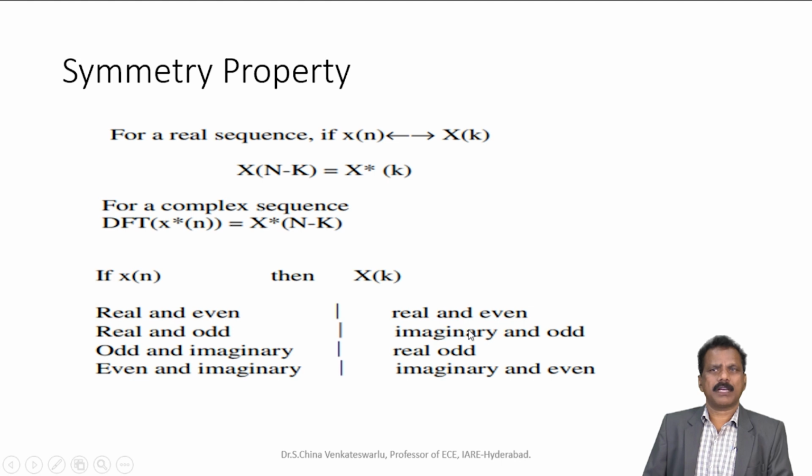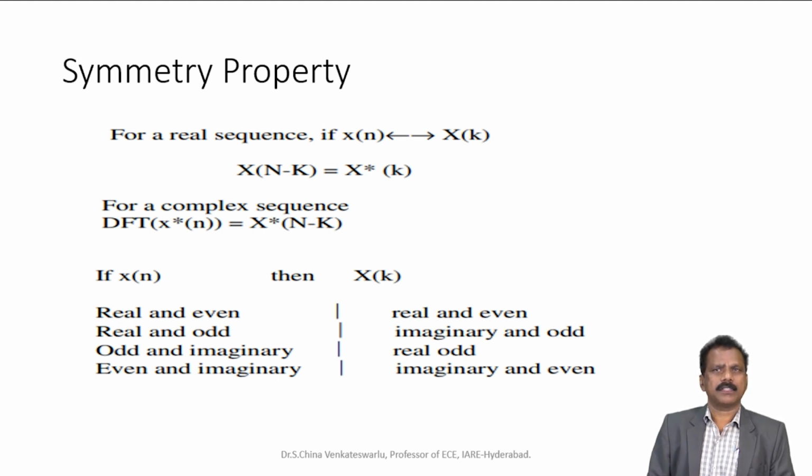The last one is x of n even and imaginary, and coming to x of k, imaginary and even. Like this, you can distinguish according to our symmetry property.